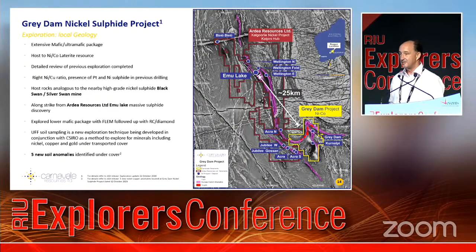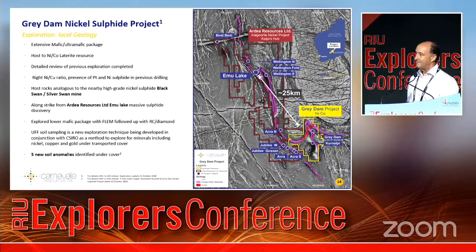We've done ultra-fine fraction soils that's identified the soil anomalies. We've gone over this with passive seismic to determine the depth of cover, and that seems to be not more than 30 metres or so, so we'd be straight in with Grand EM to identify targets for drilling pretty soon.